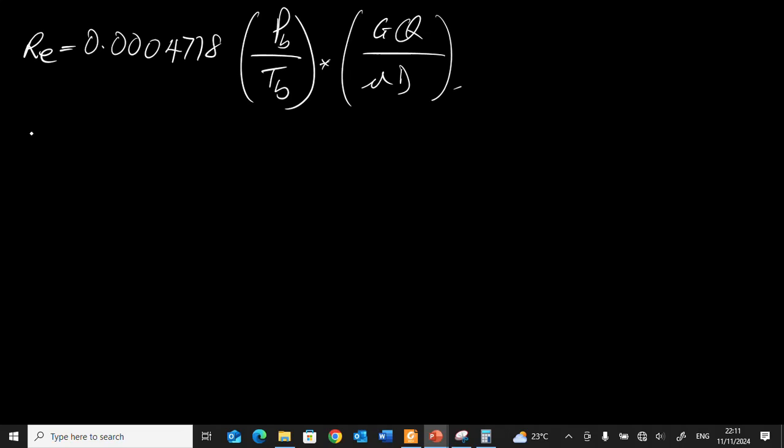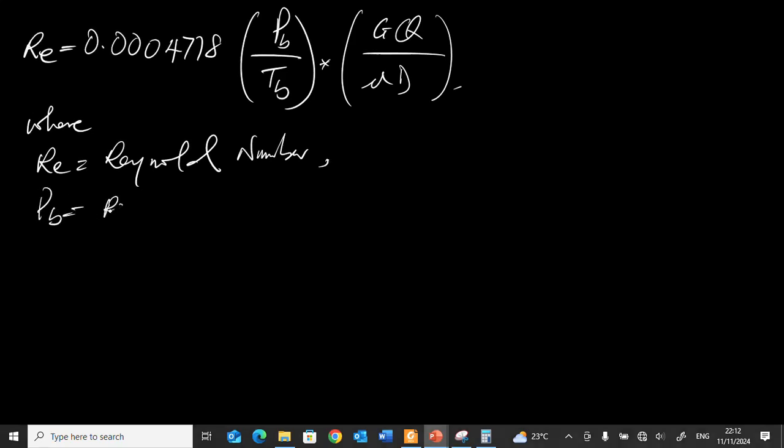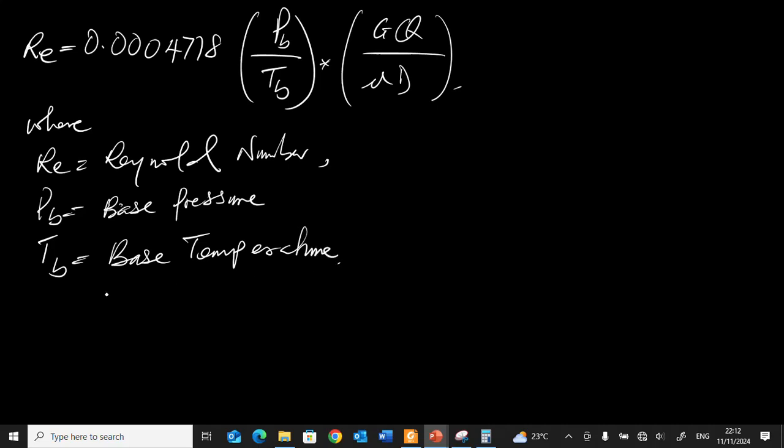Where R is the Reynolds number, dimensionless. Now you have this as the base pressure, this as the base temperature, and G as the specific gas gravity.